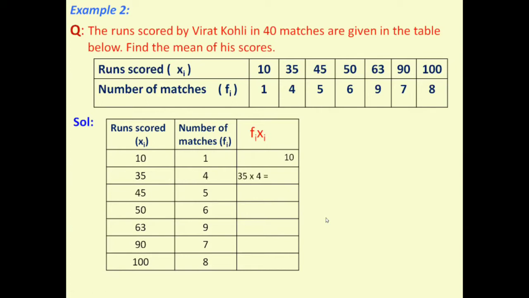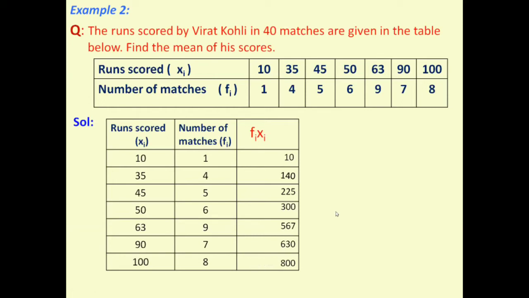Next, 35 times 4 is 140. Next, 45 times 5 is 225. Next, 50 times 6 is 300. Next, 63 times 9 is 567. Next, 90 times 7 is 630. Next, 100 times 8 is 800.